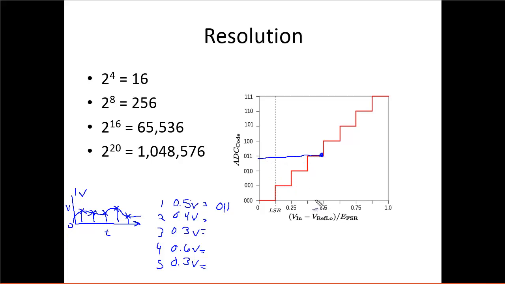But let's say I'd read 0.45 or 0.4, let's say that's right here, I'm also going to get the exact same number, right? So 011. I've lost my ability really between this many volts and that many volts right here to tell the difference between those numbers. So this input is going to produce the same output.